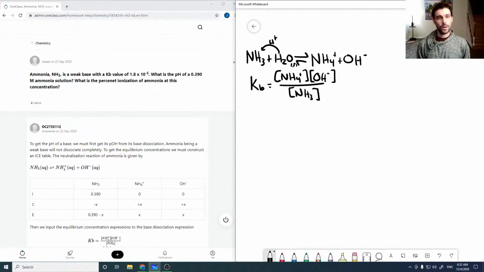Okay, so we're given that the initial concentration of ammonia, here I'll do it this way. So I'm just going to rewrite this because I put my Kb right below it.